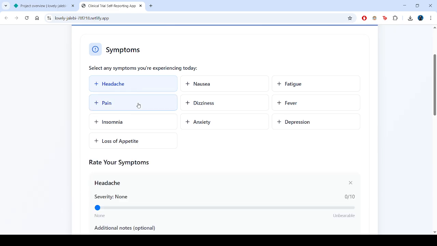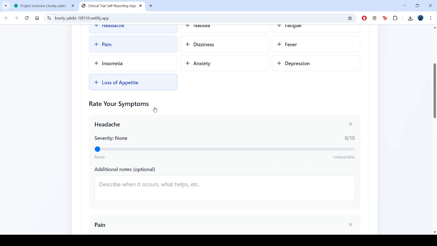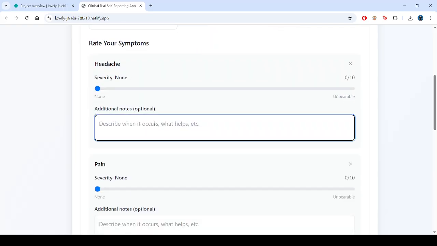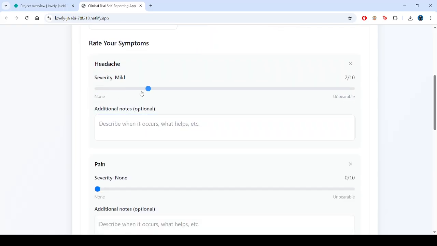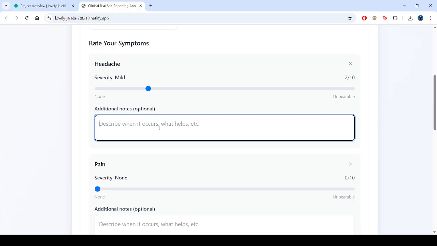For example, after consuming paracetamol, the patient is experiencing headache and pain. He or she can report that as well. And then, apart from the severity of the symptom, the patient can write about the symptom in more detail.